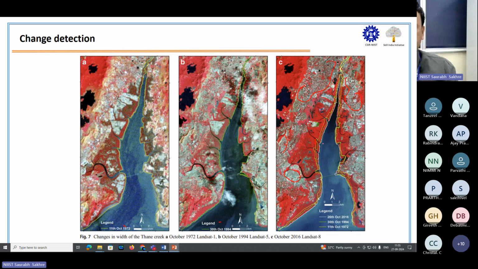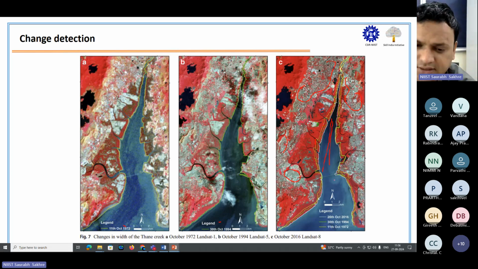If it continues, one day will come when the creek will be like this, which is not good. It should have a certain limit. Of course, mangrove has various benefits to the ecosystem, but not at the cost of losing the creek. So this we have to see.